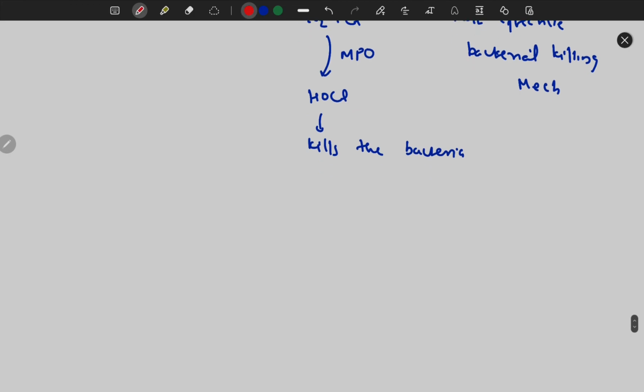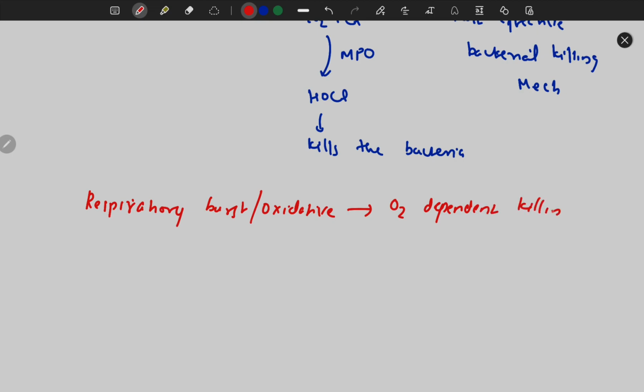Now what is the respiratory burst? The respiratory burst or the oxidative burst is the oxygen dependent killing.